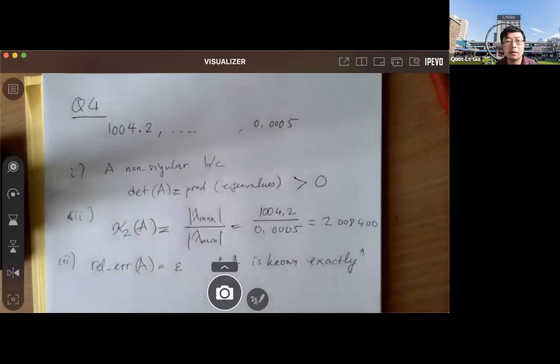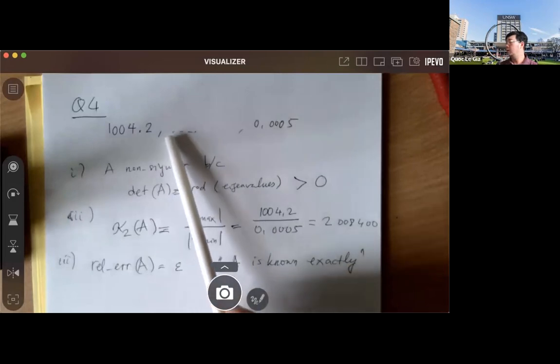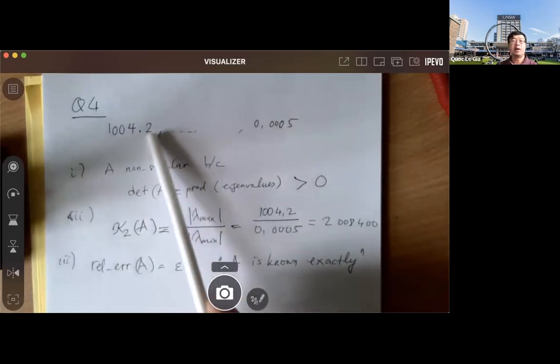Isn't the formula exact? Good point. Yes, the formula is exact, yes. But remember that even though you have the eigenvalues here, they are still subject to machine errors.